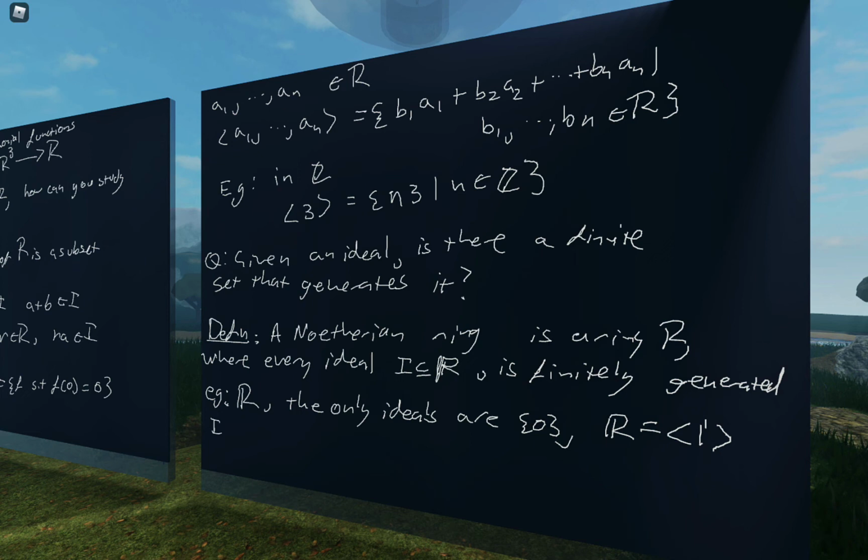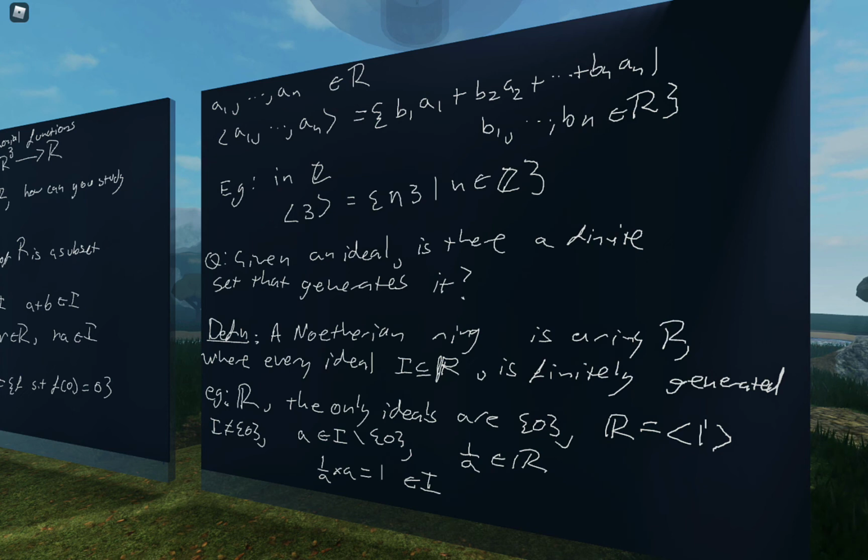Say you have an ideal that's not just 0, then you can take an element A which isn't 0, and then 1 on A is in R. And being an ideal means that 1 on A times A, which is just 1, is in I. And so from that it follows that I is all of R. This holds by the exact same argument for any field, where a field is just a ring where you can invert the multiplication.